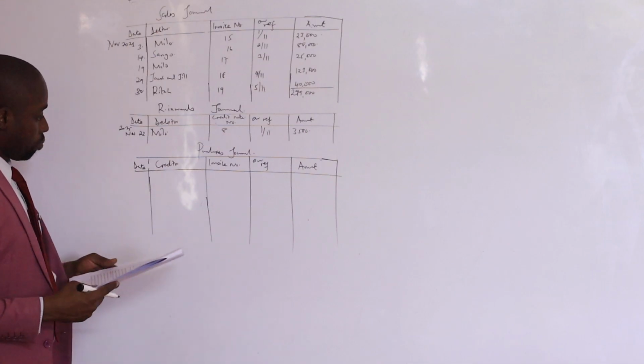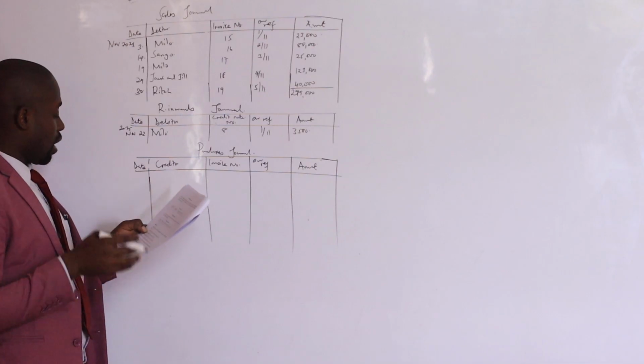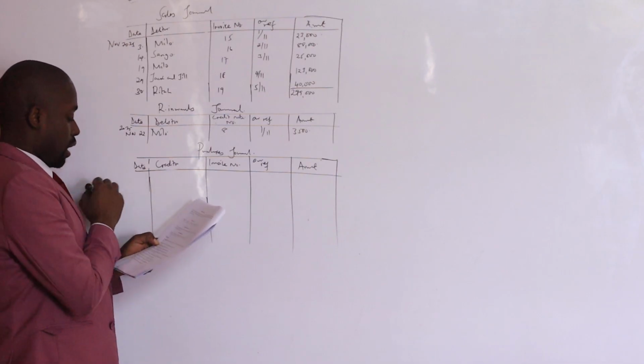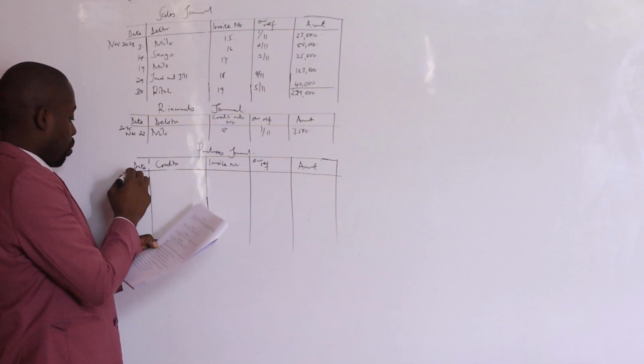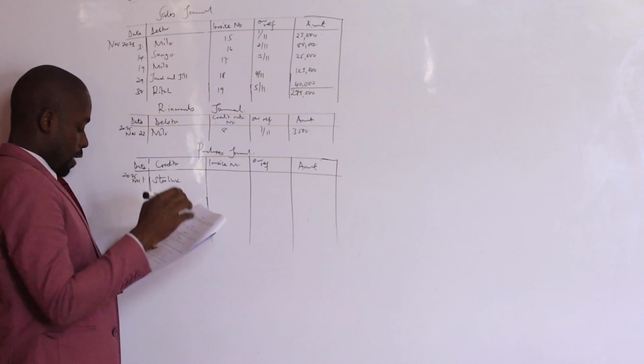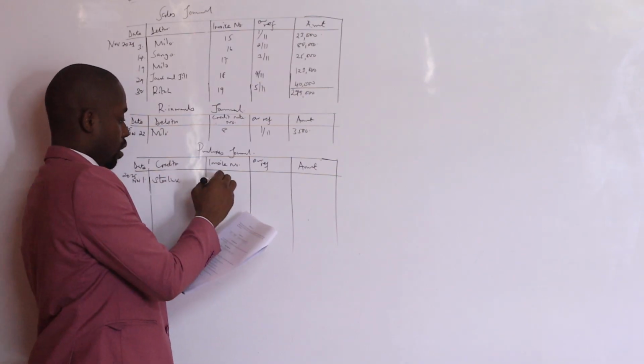So the first purchase, the transaction, we bought goods from Sterling Company Limited on the 1st. So 2025 November 1st, we have Sterling. Invoice number is 48.